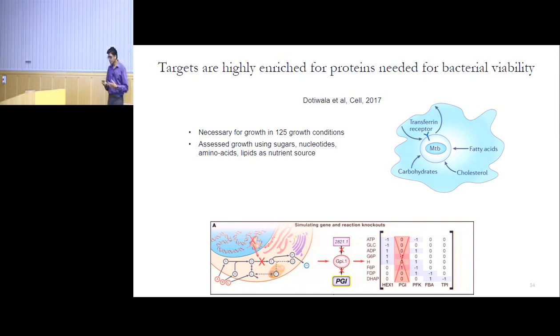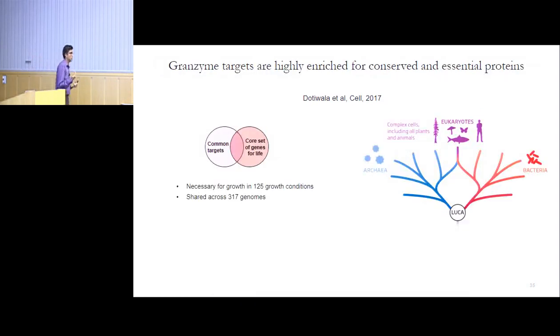Another interesting thing is how conserved these targets are. We went back and looked at more than 300 different microbial genomes, and what we found was that the enzymes that are being targeted were also highly conserved across the evolutionary tree. And it suggested that the enzymes targeted by these granzymes were also predicted to be present in the last universal common ancestor.